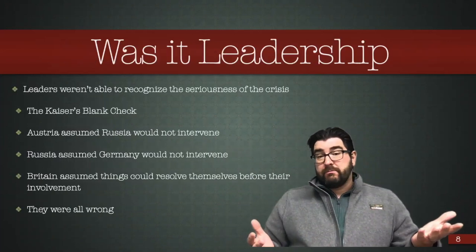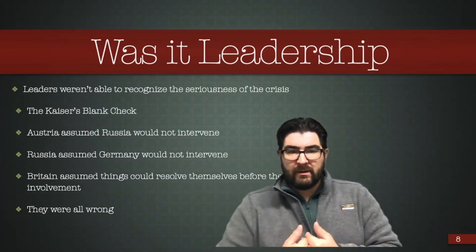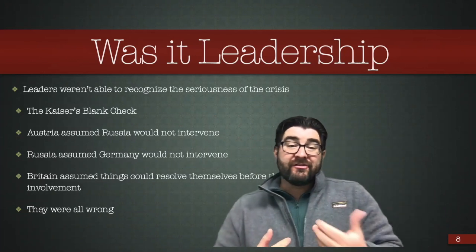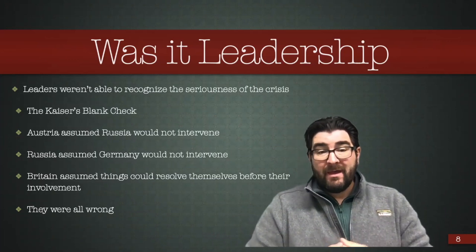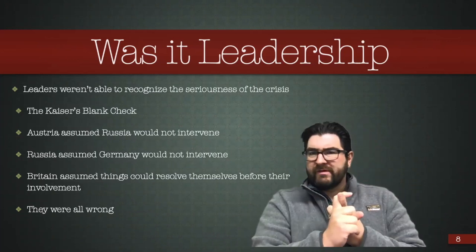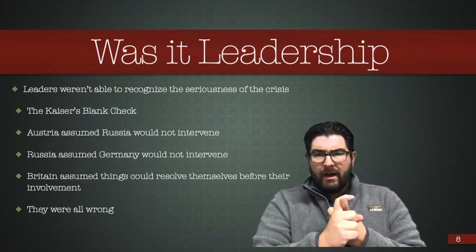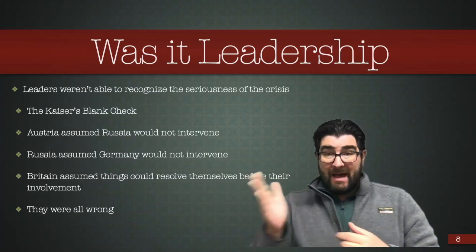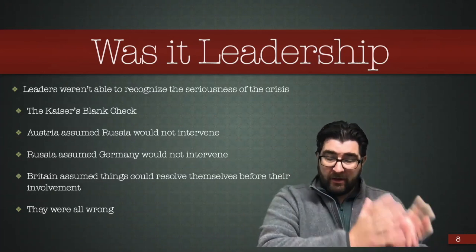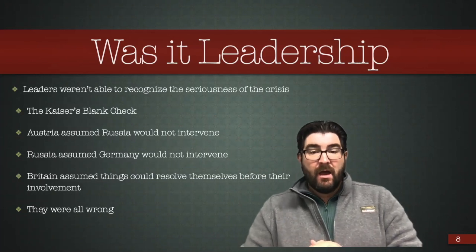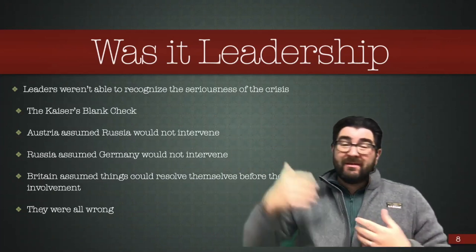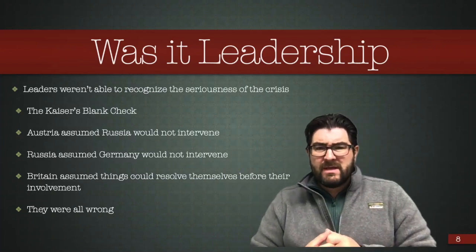Was it leadership? Poor leadership down the line. Maybe leaders that couldn't recognize the seriousness of this issue. The Kaiser issues a blank check, not seeing the dominoes that would fall when Austria-Hungary would start that conflict against Serbia. Austria assumed that Russia wouldn't intervene.